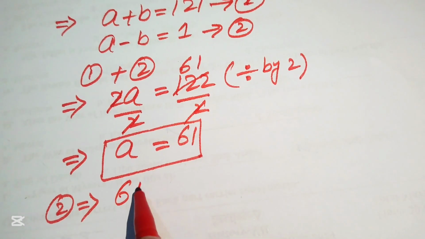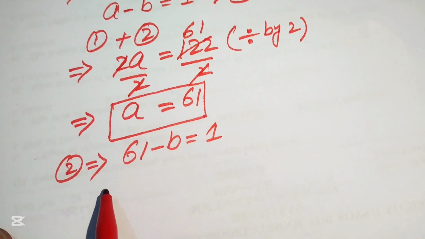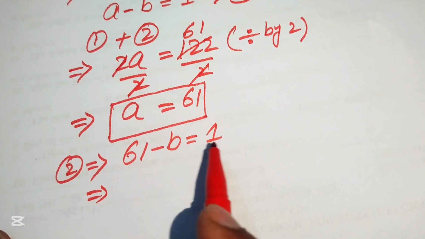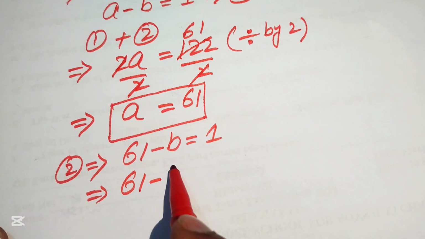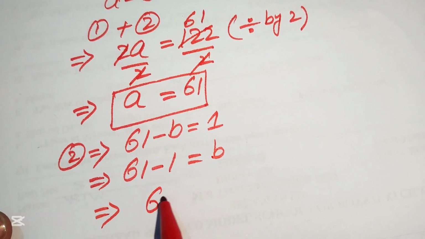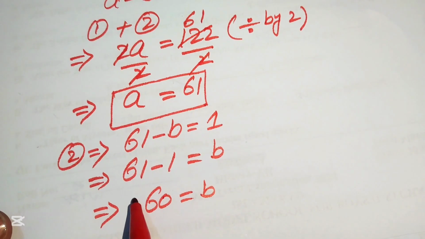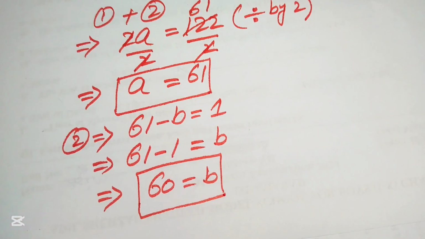The value of A is 61, so 61 minus B equals 1. Now we move this minus B to the right hand side, so it will be written as 61 minus 1 equals B. This implies that 60 equals B. So we easily find the value of B equals 60.